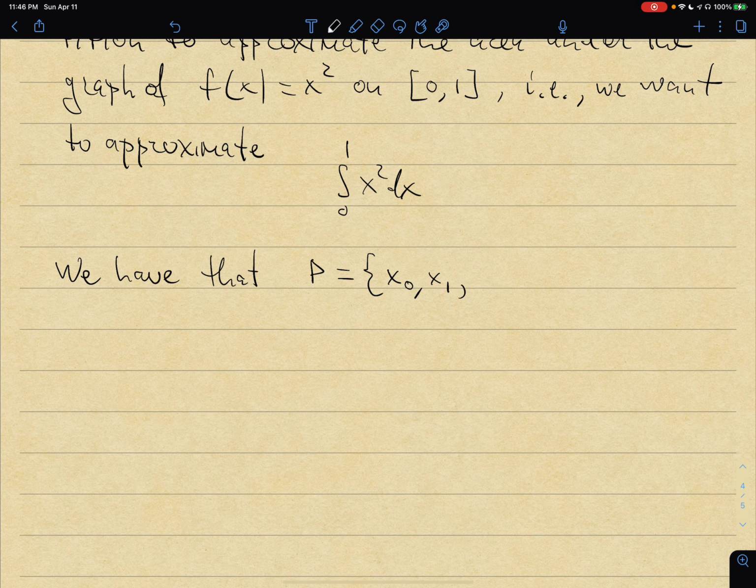So P has n plus 1 points: x0, x1, etc., xk, etc., and then the last point is going to be xn. And we can find actually the formula for what xk is.